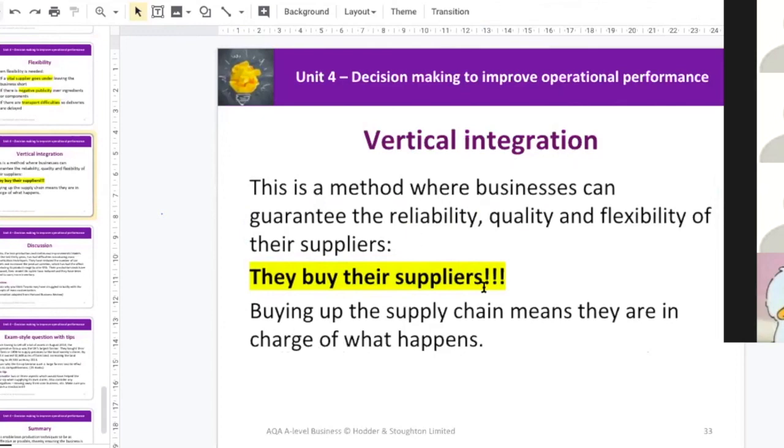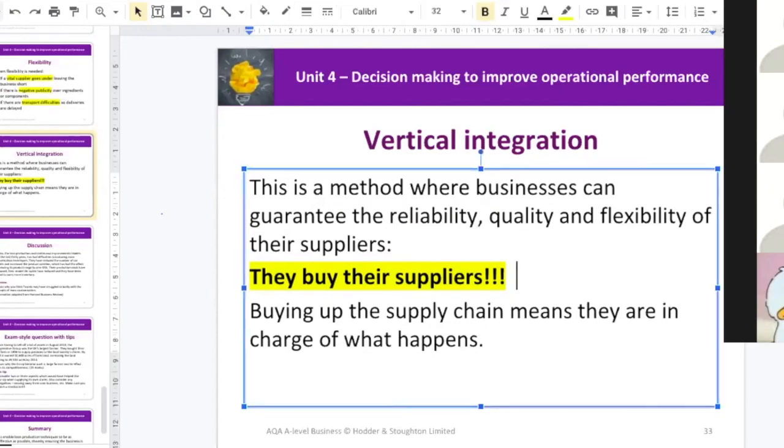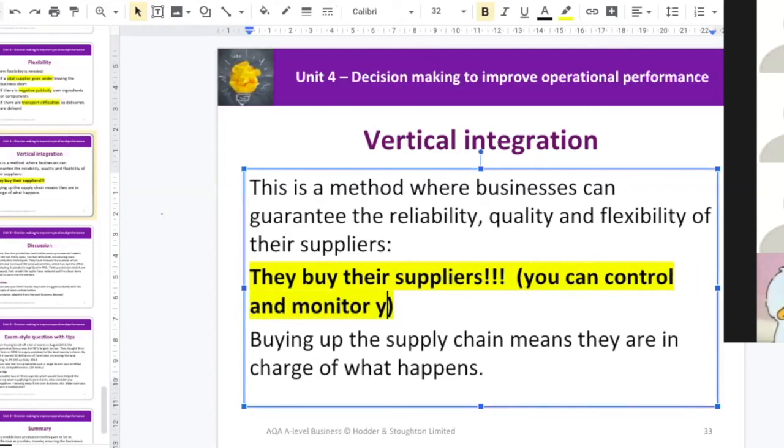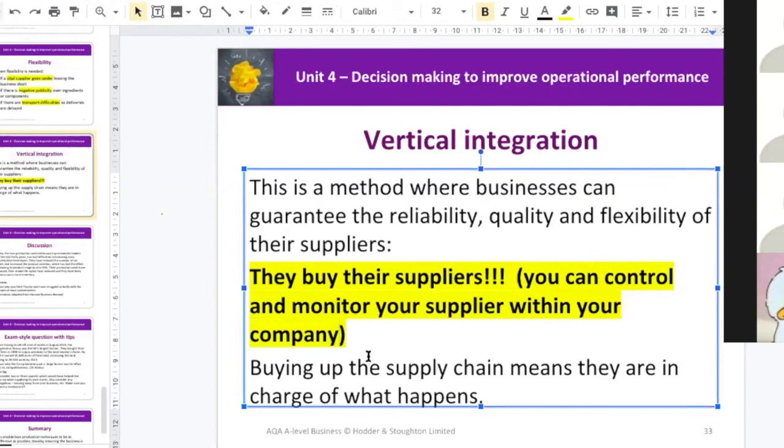Basically, you buy your supplier's company, your supplier becomes part of your company. So you can control them and monitor your supplier within your company. This is called vertical integration.